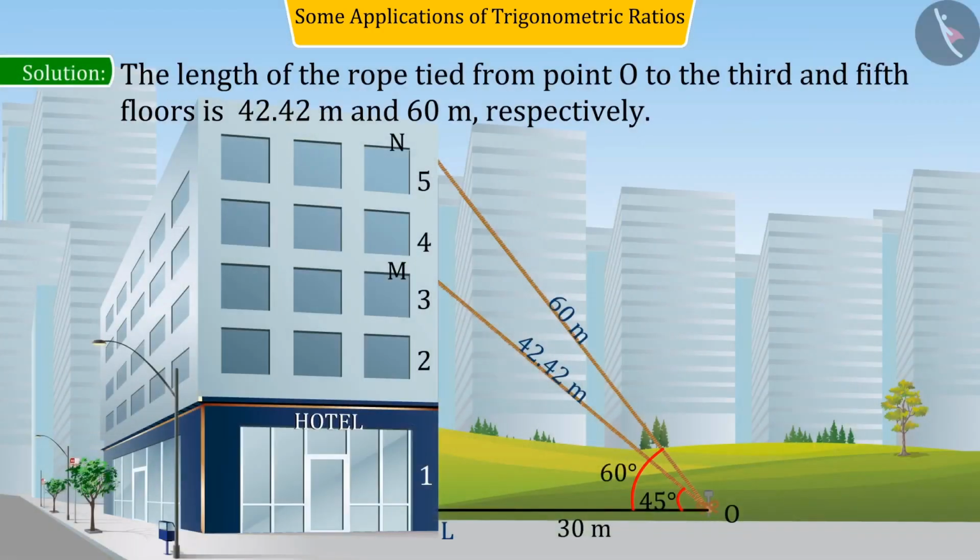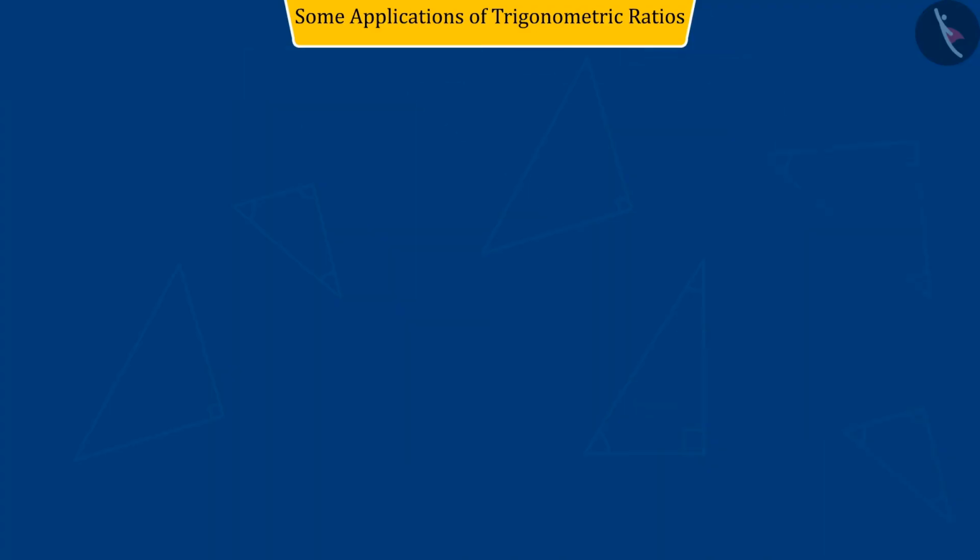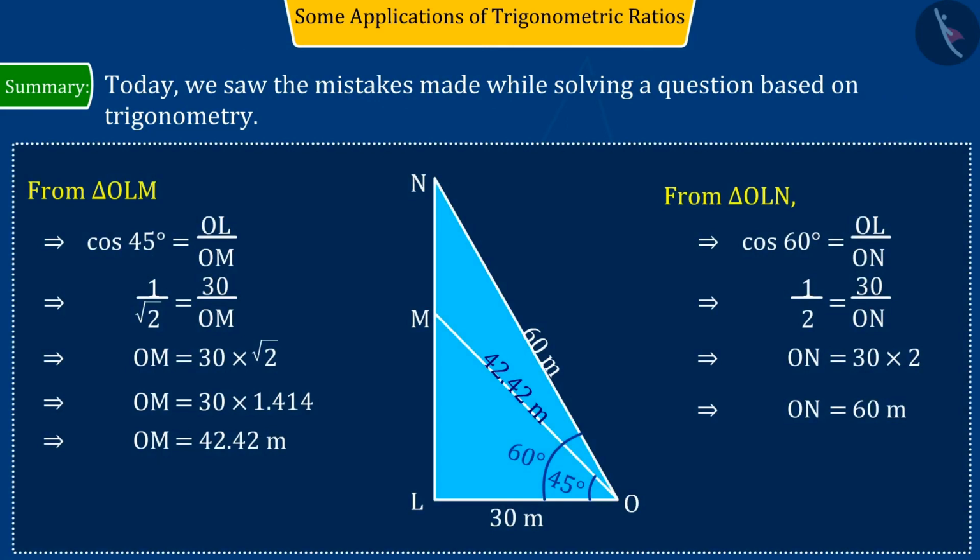Therefore, the length of the rope from the third and the fifth floor of the building from point O was found by Tarun to be approximately 42.42 meters and 60 meters respectively, which is absolutely correct. So today we saw the mistakes made while solving a question based on trigonometry.